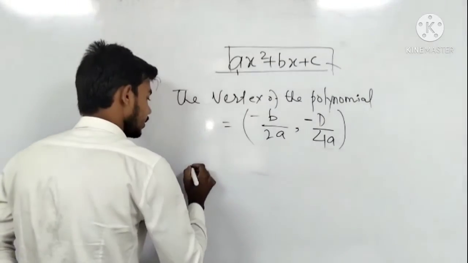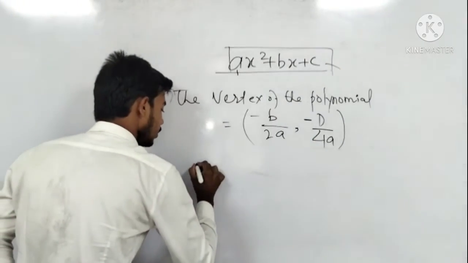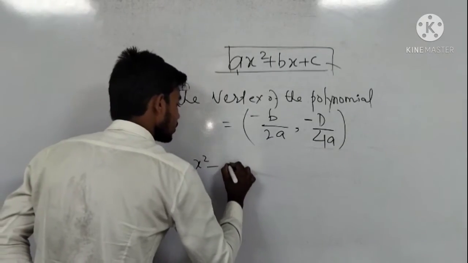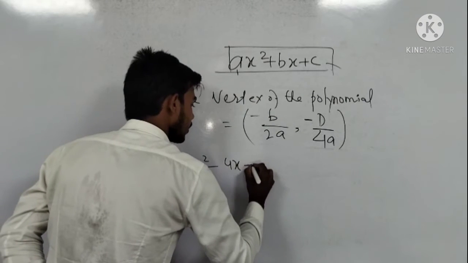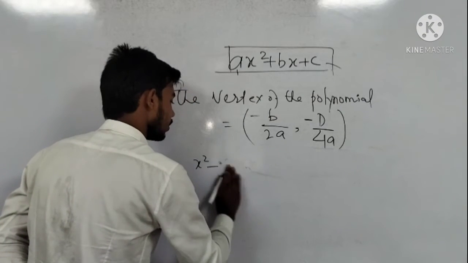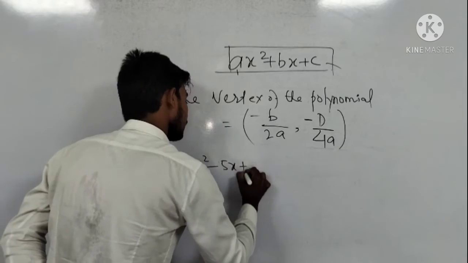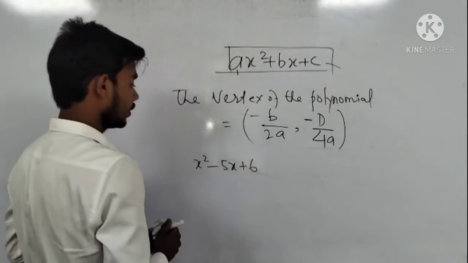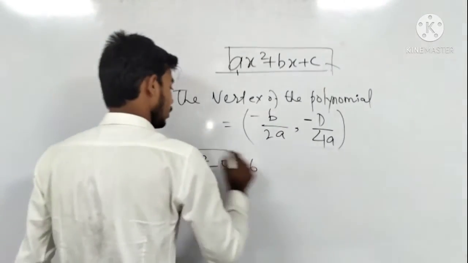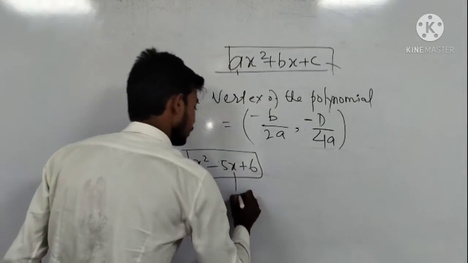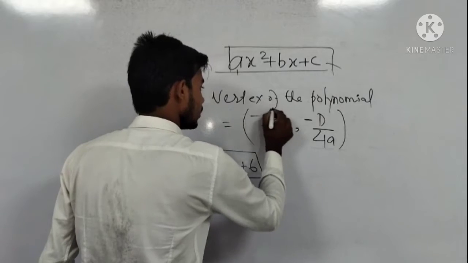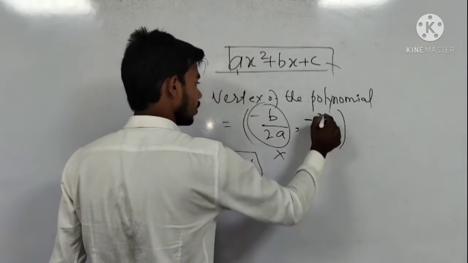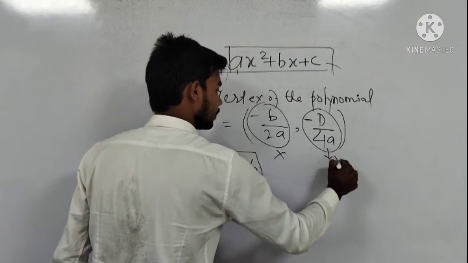Suppose you have a quadratic polynomial x square minus 5x plus 6. Okay. You have been given this polynomial. Now find the turning point. The turning point will be, if this is the x-axis, this is the x coordinate, this will be the y.